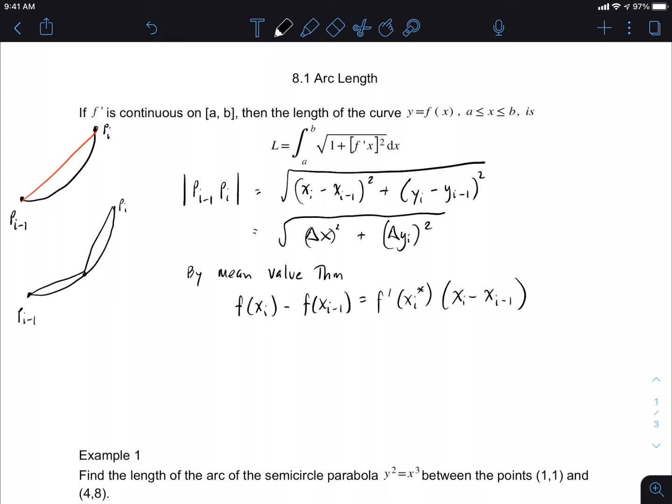Correct? Okay, now here's the important critical piece. Isn't this simply the change in y? And isn't this simply the change in x? Right? So then we're going to get delta y sub i is equal to the derivative at x sub i star, times delta x.